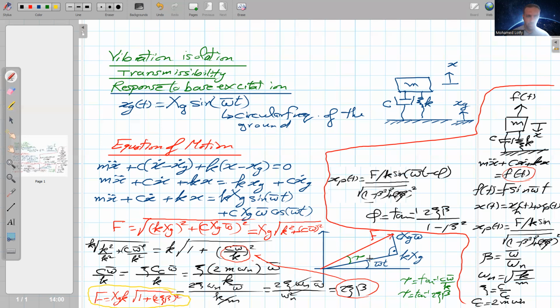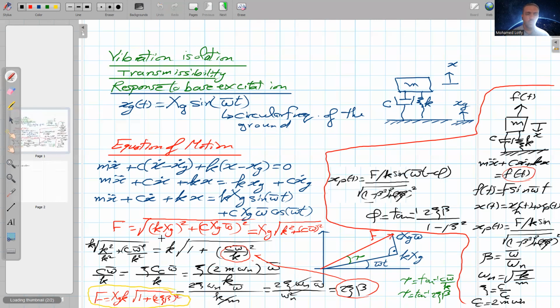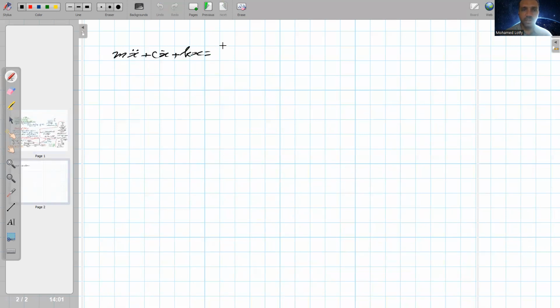To complete our analysis, let's move to another screen. Now we have our equation of motion like that: M x double dot plus C x dot plus k x equals the amplitude of the force, xg k root 1 plus (2 zeta beta) all square.